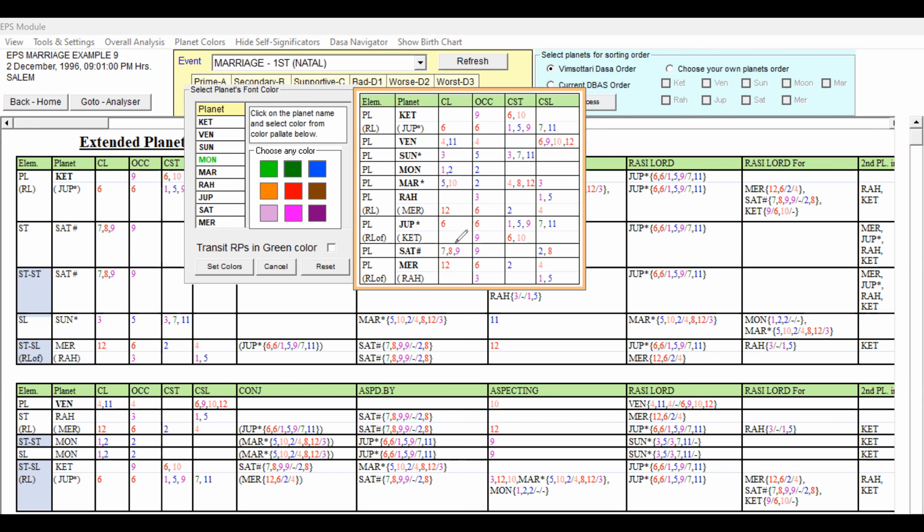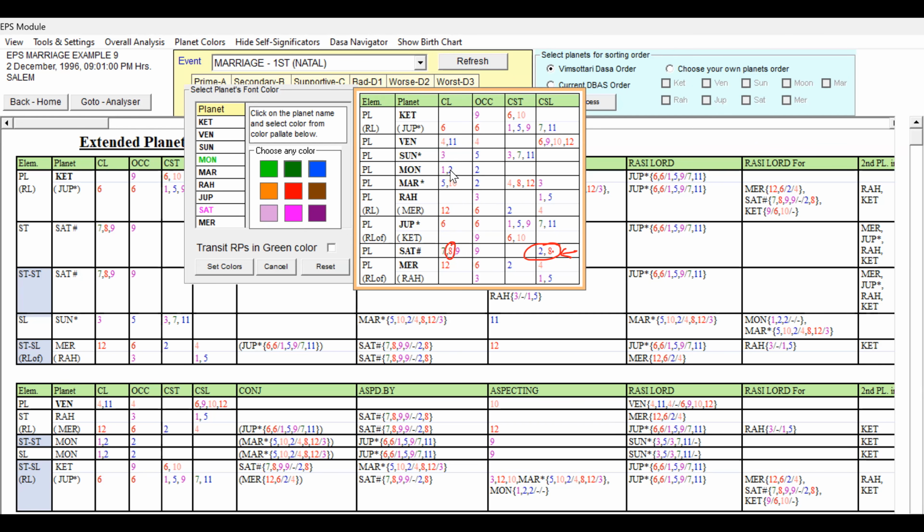Eighth lord and also eighth sublord. So 2 and 8: it is the eighth house to the seventh house and the eighth house to the Lagna. The eighth lord has some weakness. So what can we give, favorable and unfavorable? We can say Saturn planet is mixed, right?